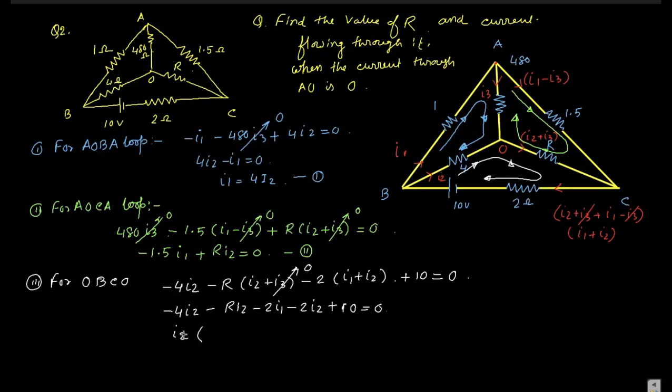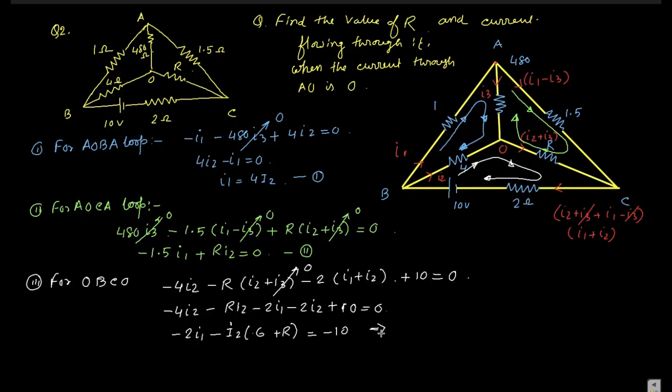You can consider I1 first, so minus 2I1, then taking I2 common, minus 6 plus R is equal to minus 10.